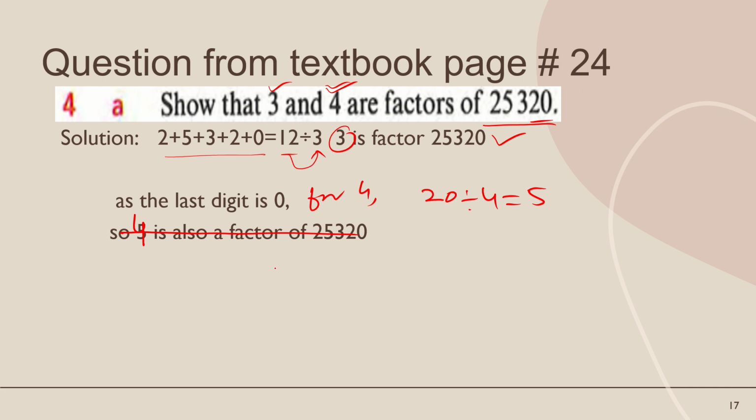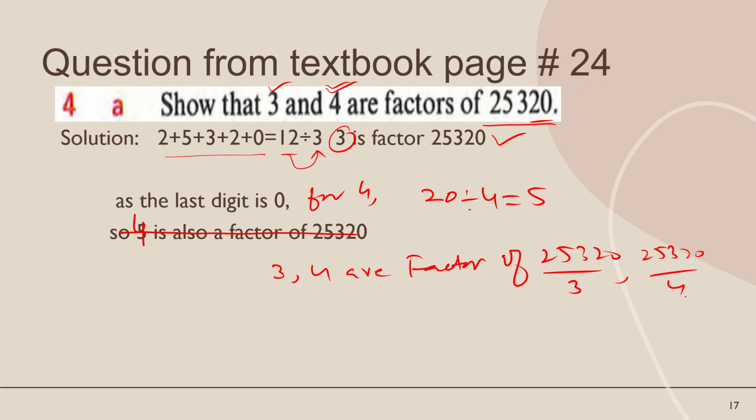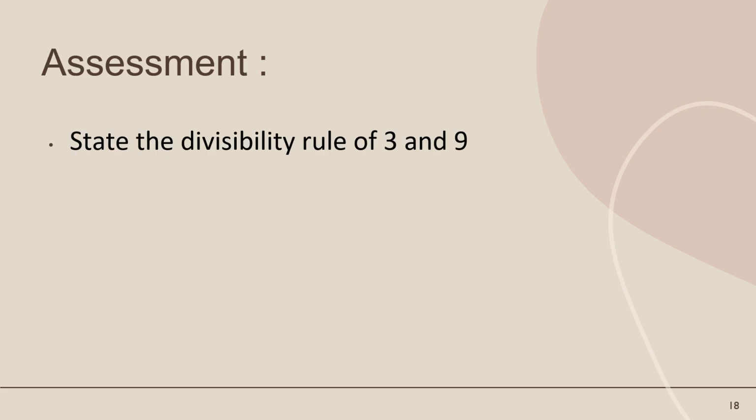Okay, so 3 and 4 are factors of 25320 because it divides completely by 3 and also by 4. These numbers obey the divisibility tests.